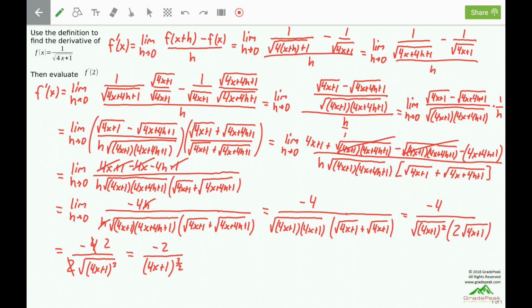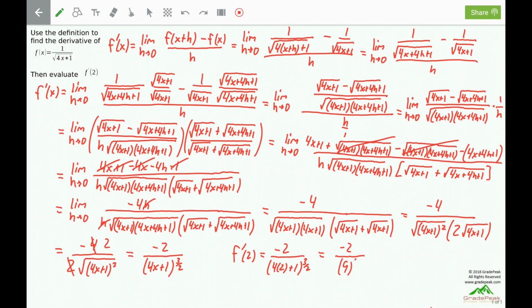The last thing to do is to evaluate f prime of 2. So let's go ahead and do that. F prime of 2 will be negative 2 divided by 4 times 2 plus 1 to the 3/2, which is negative 2 divided by 4 times 2 is 8, plus 1 is 9.